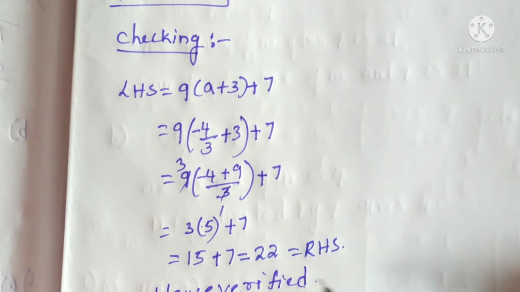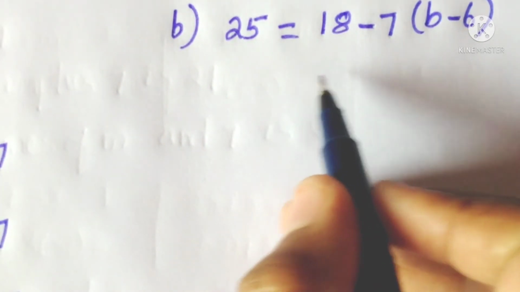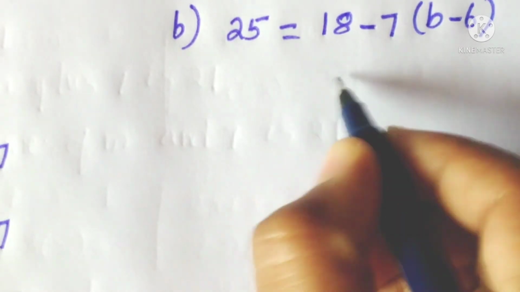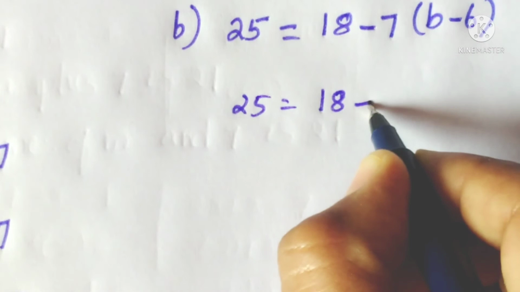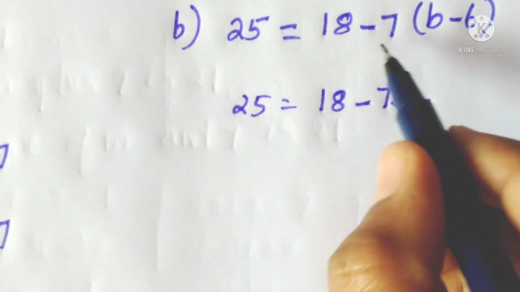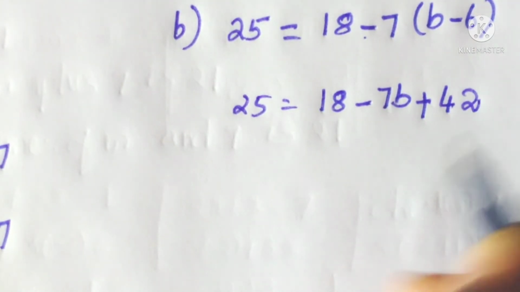Okay, next problem. Our second problem. 25 equals 18 minus 7 into b minus 6. So 25 equals 18 minus 7 into b, 7b, minus into minus plus, 7 6s are 42.